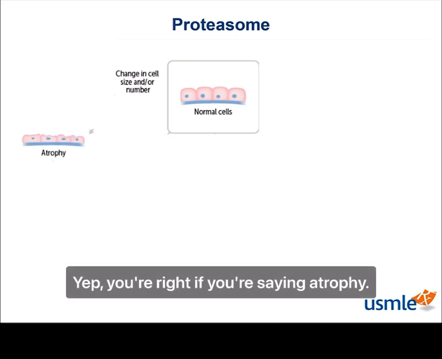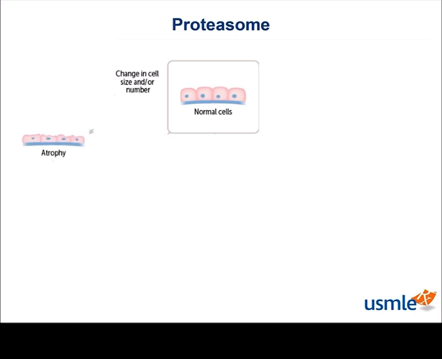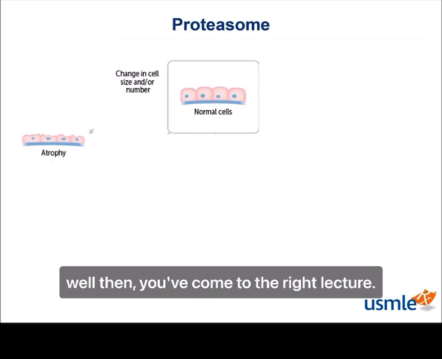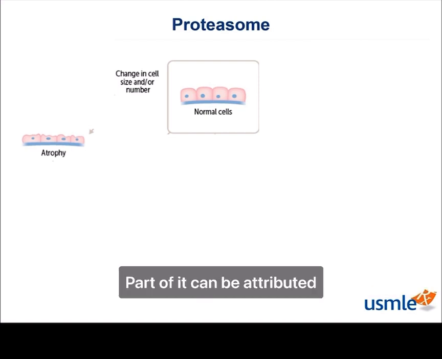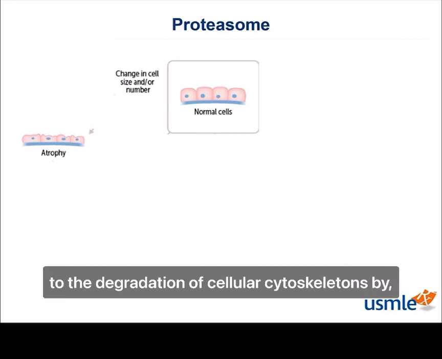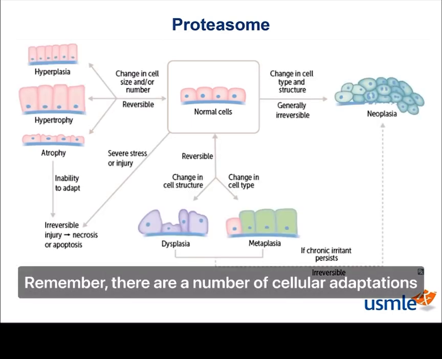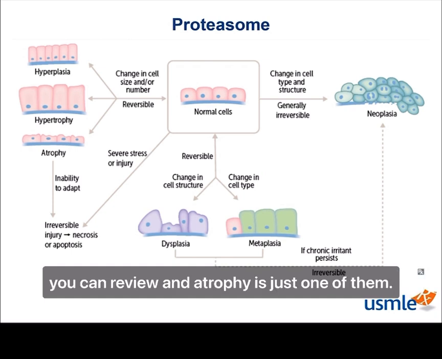Yep, you're right if you're saying atrophy. If you've ever wondered exactly how those cells shrink, well then you've come to the right lecture. Part of it can be attributed to the degradation of cellular cytoskeletons by, you guessed it, the ubiquitin proteasome pathway. Remember, there are a number of cellular adaptations you can review, and atrophy is just one of them.